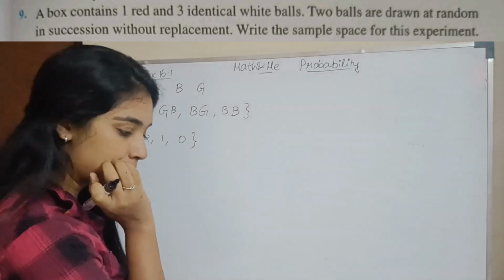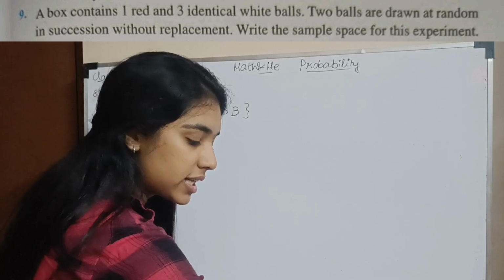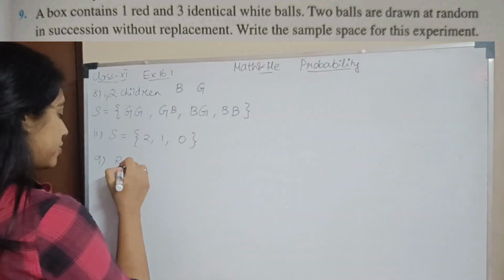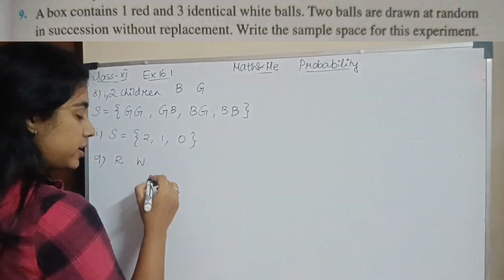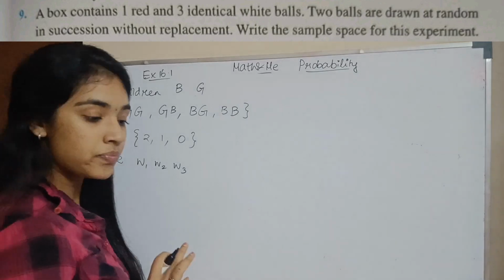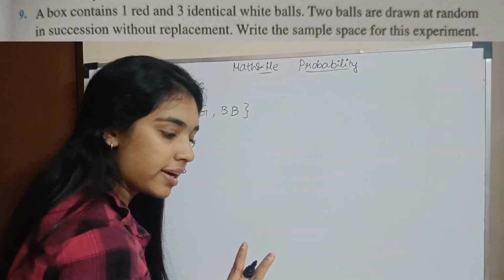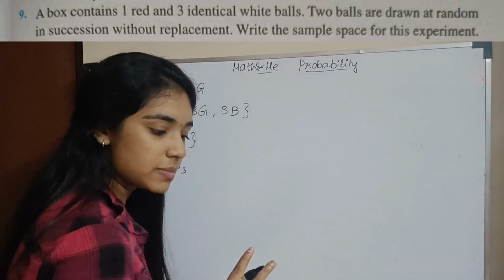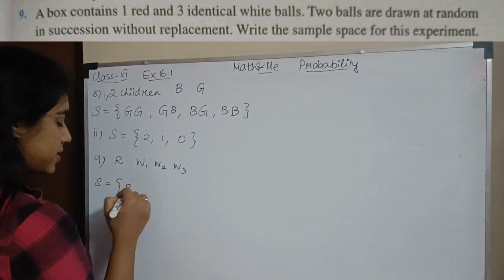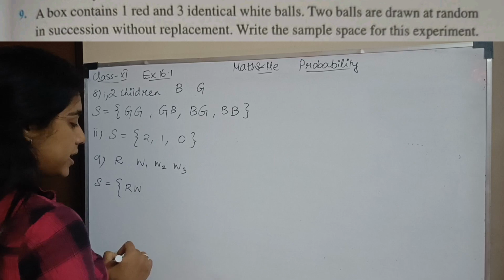Question number 9. A box contains 1 red and 3 identical white balls. So white 1, white 2, white 3, all three are identical. 2 balls are drawn in random succession without replacement. Write the sample space. If the first ball is red, then the next ball is white.